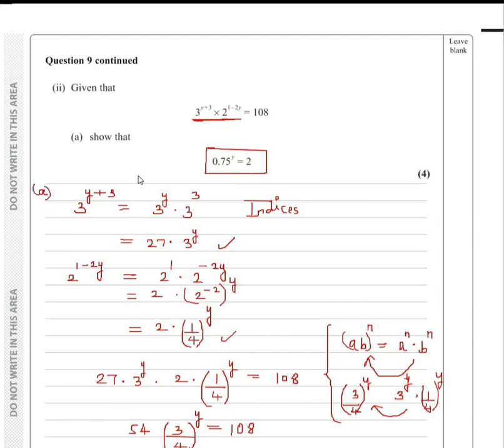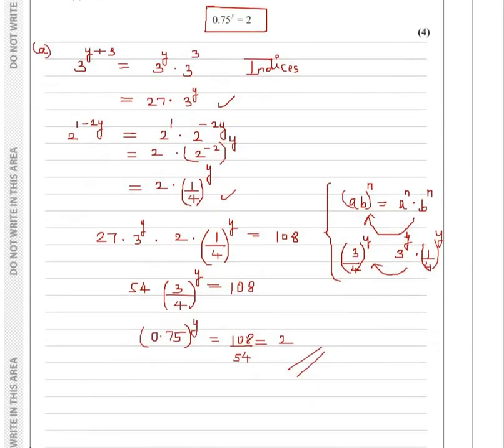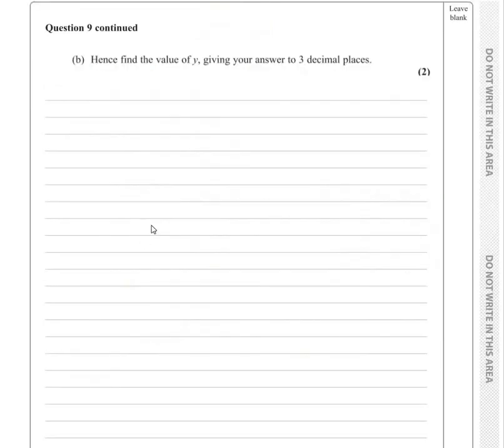Now let us look at the next part of the question. The next question says, hence find the value of y, giving your answer to 3 decimal places. So we had got 0.75 to the power of y equal to 2.